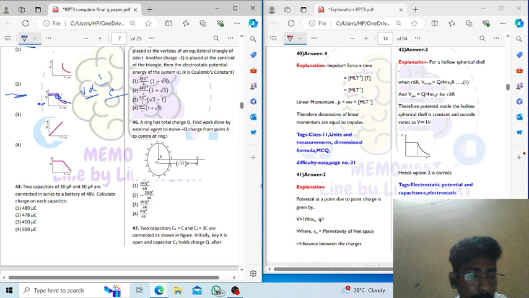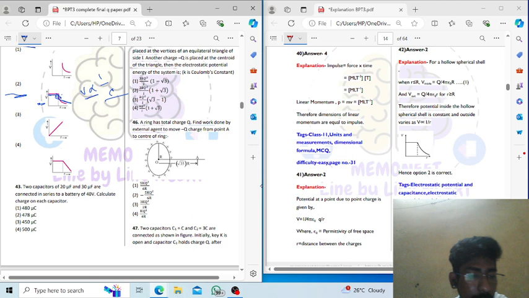So it will become 600 by 50, which is 12. Connected to a battery, calculate the energy on each capacitor. First of all, calculate the total energy, that is equal to half CV square, half into 12 into 40 square. So it will become 6 into 1600, that is 9600.